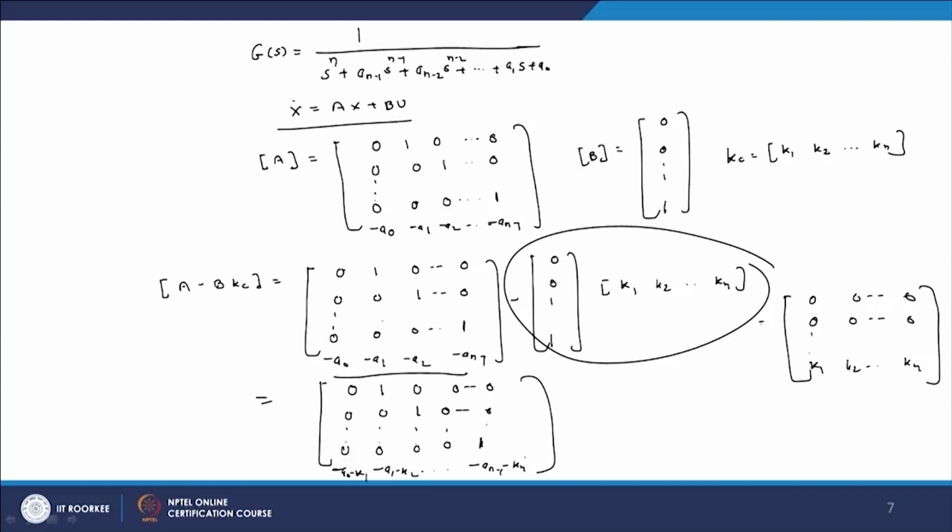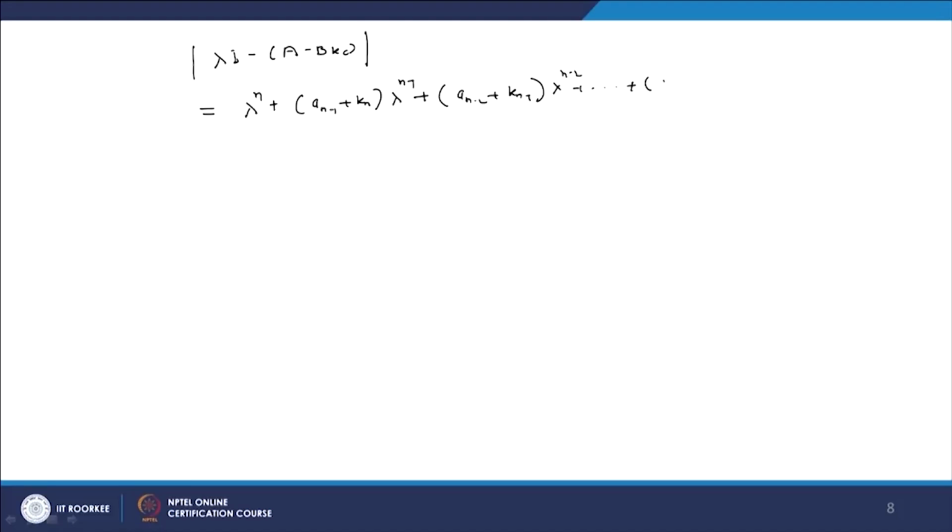So, the eigenvalues of this system we can write as the determinant of lambda I minus (A minus B Kc), which equals lambda raised to n plus a n minus 1 plus Kn lambda raised to n minus 1, plus a n minus 2 plus K n minus 1 lambda raised to n minus 2, and this process repeated, plus a0 plus K1.